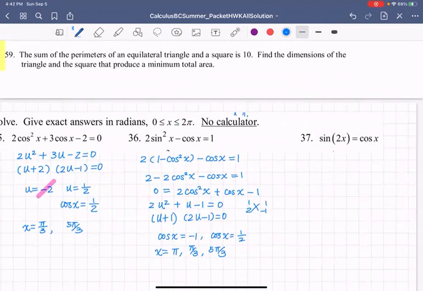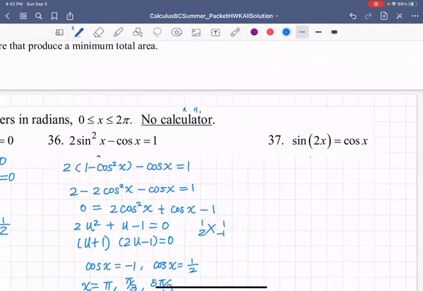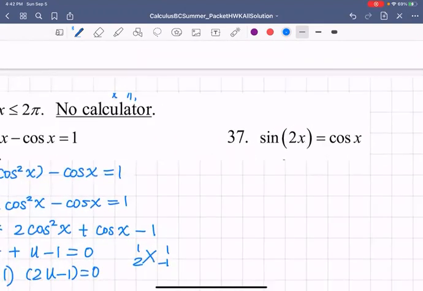Now, Aiden, 37. Okay, so sine 2x is equal to cosine of x. What's this formula? 2 sine of x is like sine 2x?